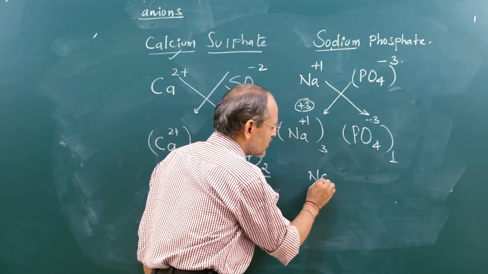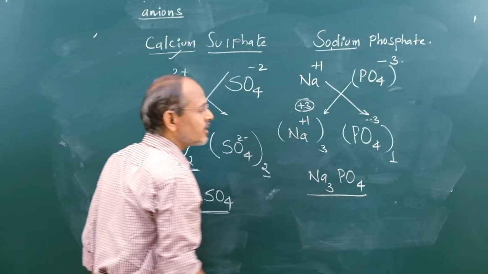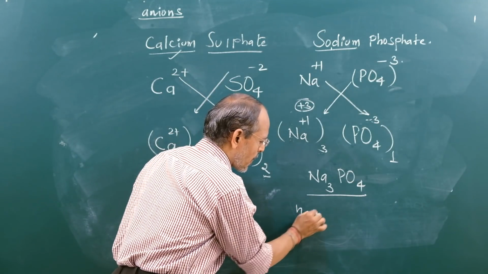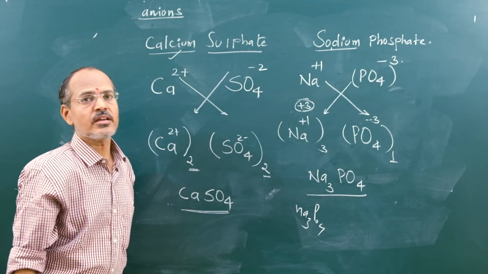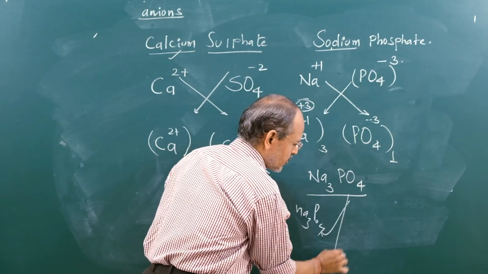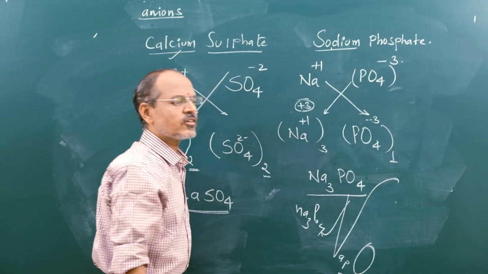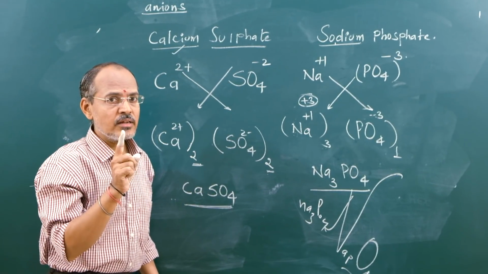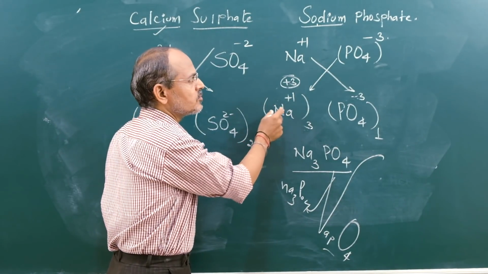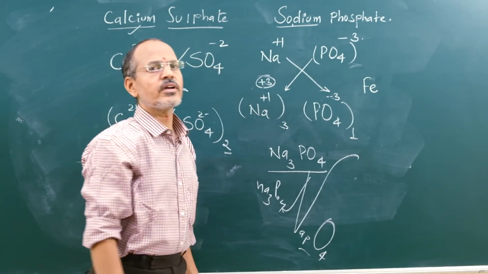Now it becomes Na3PO4, and while writing the formula, very important, don't write it in a stylish way like this. This is not the way to present the formula. While writing, you should respect its symbolic representation. For example, if I want to present ferrous, it is always Fe only.